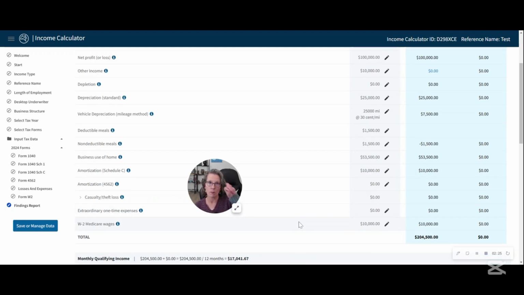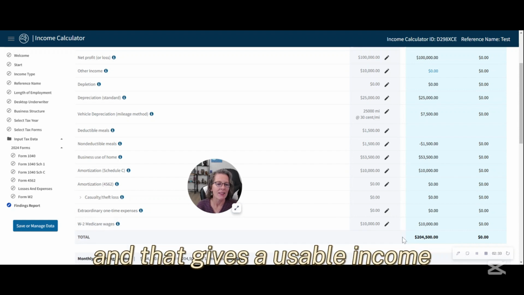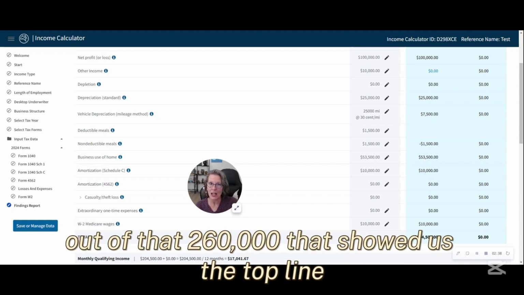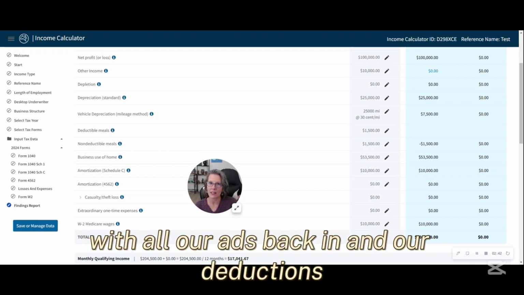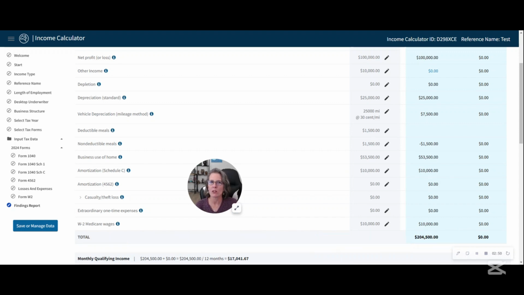I also did pay the business owner in the tax returns $10,000 in W-2 wages, and those are also added back in. And that gives a usable income out of that $260,000 that showed as the top line. With all our adds back in and our deductions, we can see that there's $204,500 that is usable income that would be able to be used to qualify for a home.